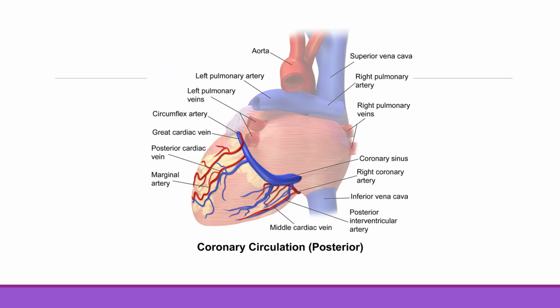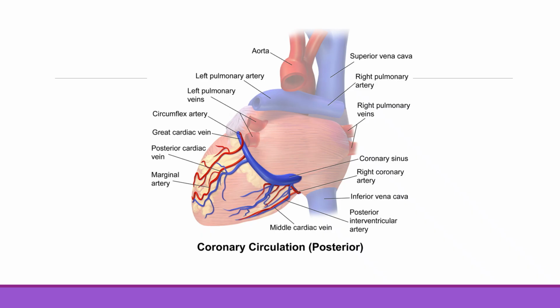There's the back side of the heart. That big blue vessel that you see sitting in the sulcus between the atria and the ventricles, once it rolls around to the back, that's called the coronary sinus. Notice that it just disappears into the back of the heart, and it actually has an opening that dumps the blood right into the right atrium.